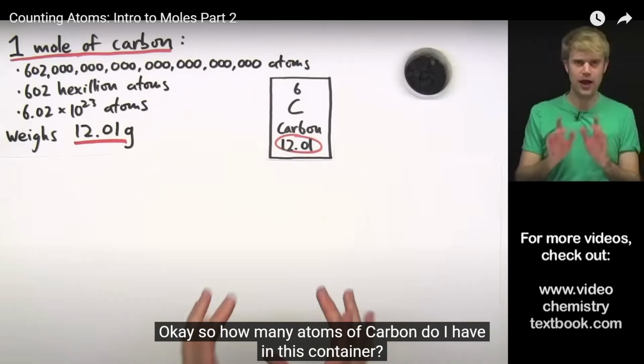1 mole of carbon is 602 hexillion atoms, or 6.02 times 10 to the 23 atoms, and that weighs 12.01 grams.